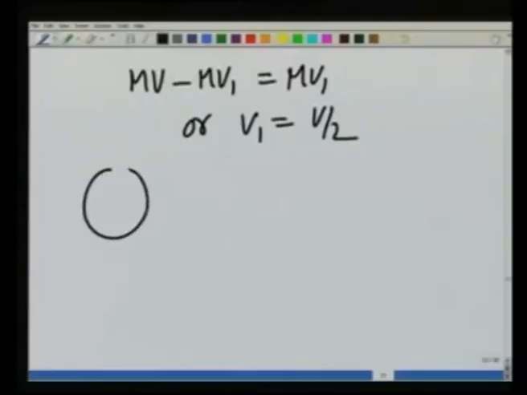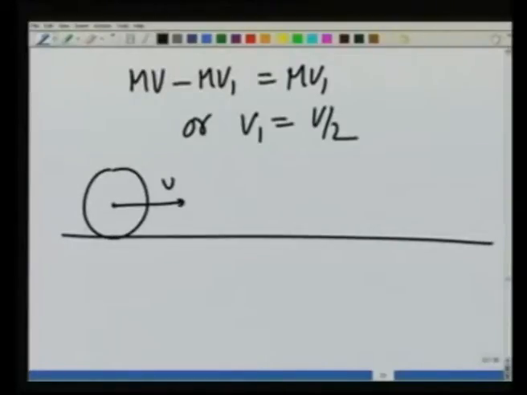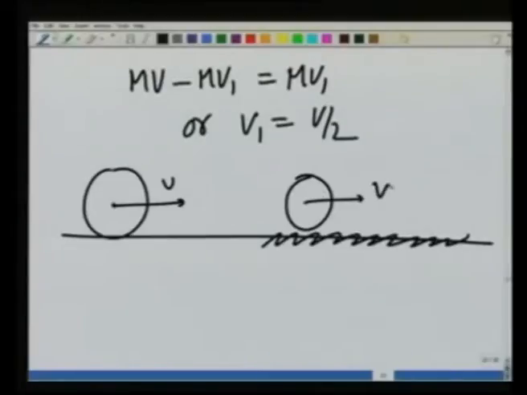So as soon as this wheel which is moving with speed v without rolling on a smooth surface hits a rough surface here, it will start rolling with speed v over 2.